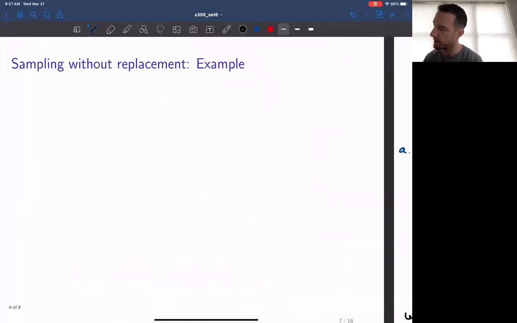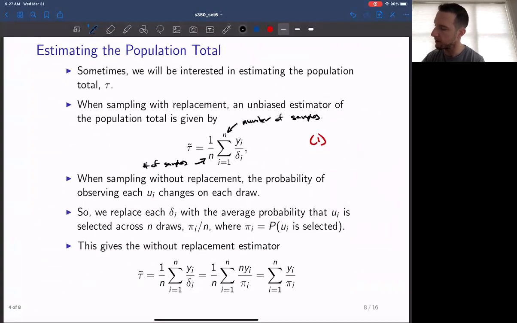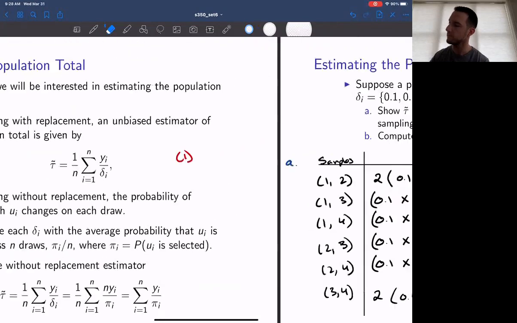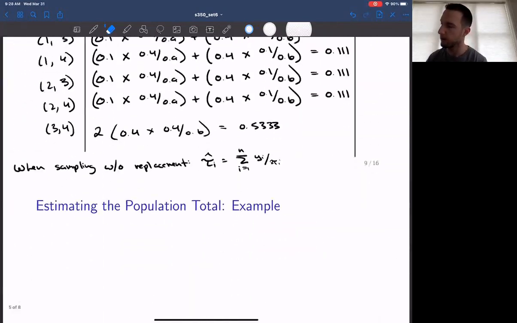And actually, I just realized that I made a mistake here. This would not be the number of samples. Tau tilde, tau tilde. This would just be for each individual sample. But that'll become more clear here.